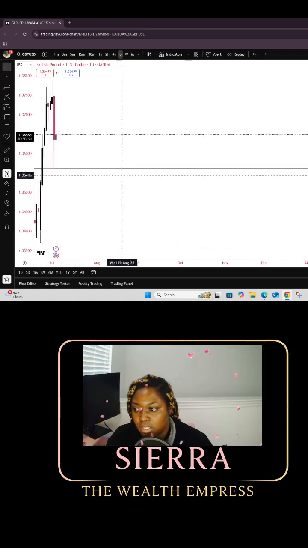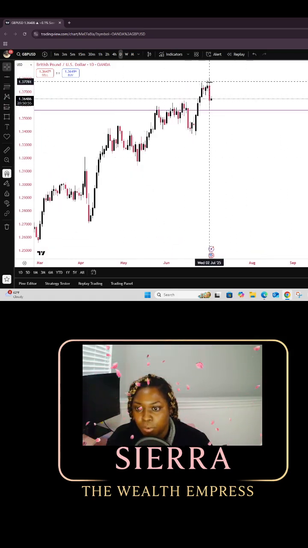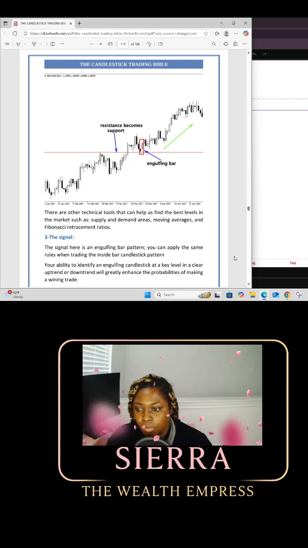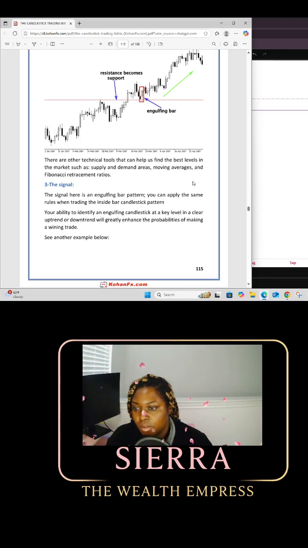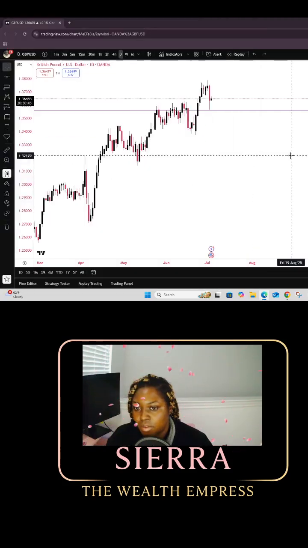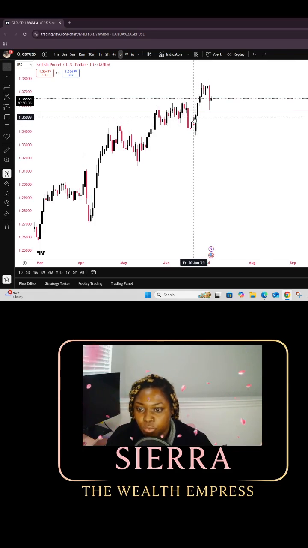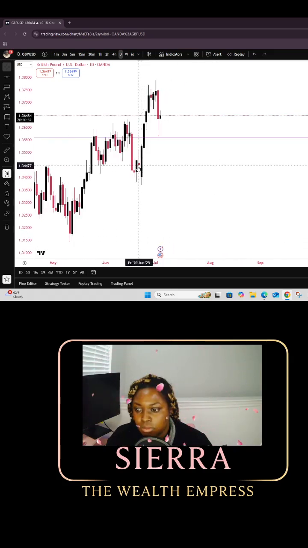And then price finally impulsively broke through it and then came back and retested it. All right, and we don't have any engulfing candlesticks. This one right here is engulfing. You see how it ran the high and the low? This one right here was engulfing.